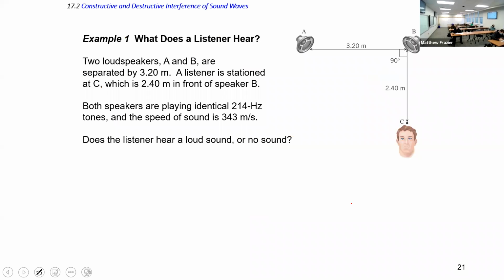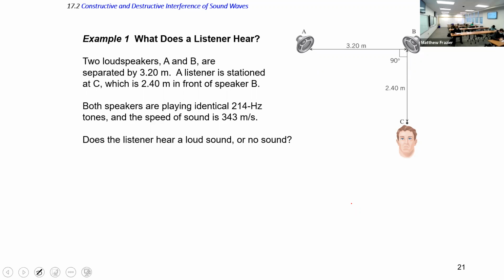All right. And this is the one I want to go through that's the sort of complex one. All right, so we have two loudspeakers. They're separated by a certain distance, 3.2 meters, and you are directly in front of one speaker, 2.4 meters away, with this nice geometry that's 90 degrees.